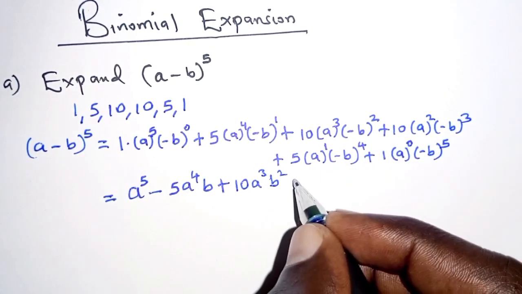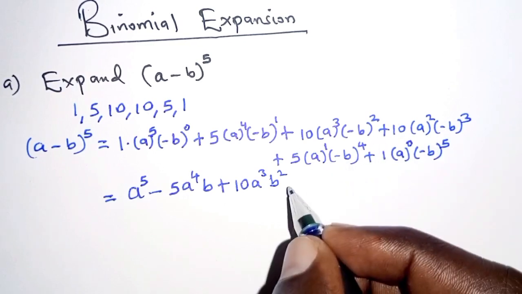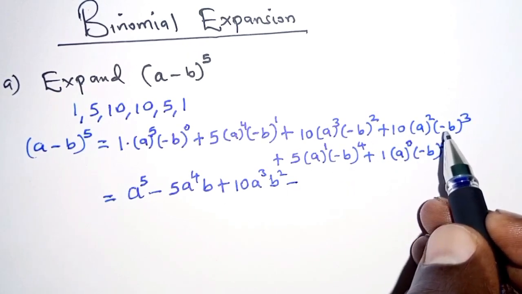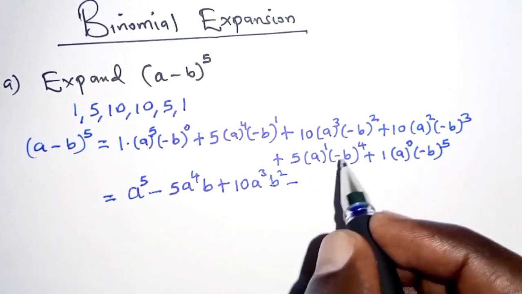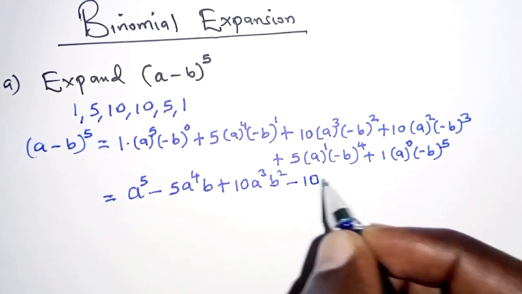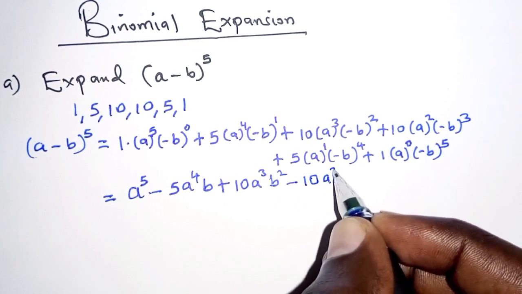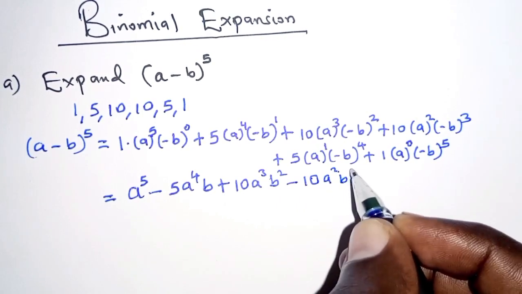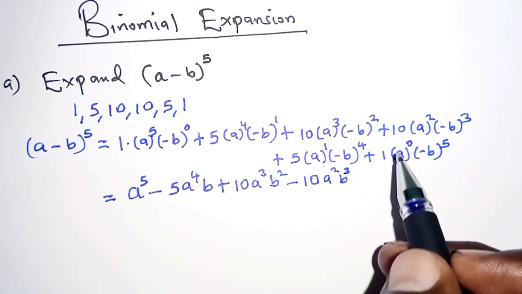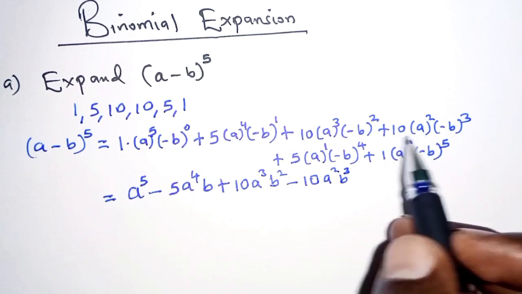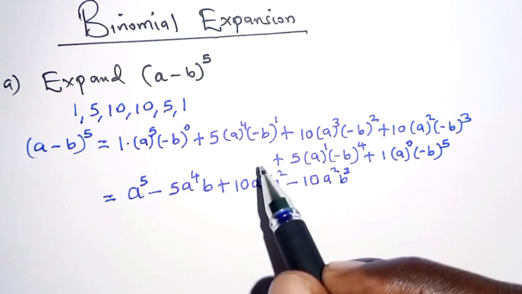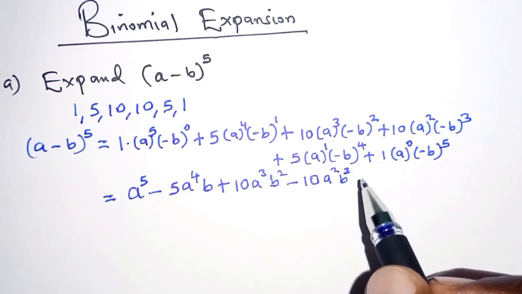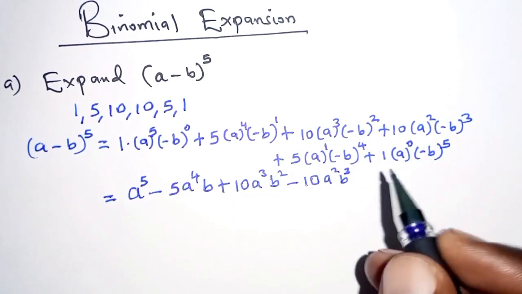For the next one, we have negative, because negative b is raised to an odd power: 10a^2b^3. Remember, we are not bothered about the sign for a because a is positive throughout, and irrespective of the power it is raised to, the result is always positive.